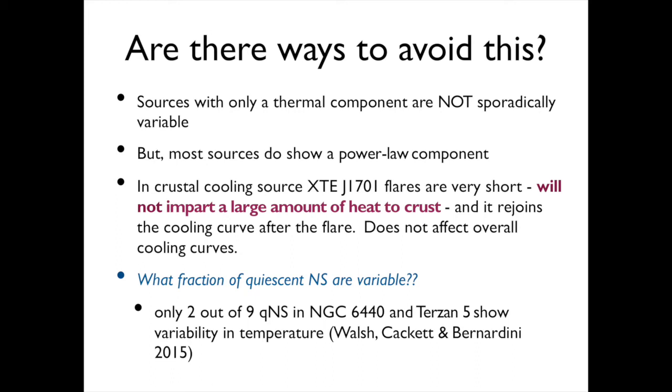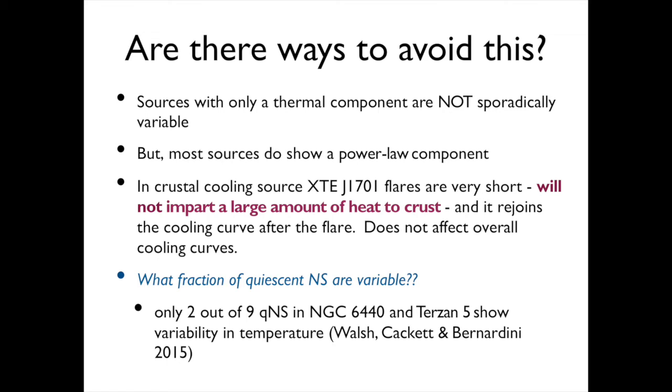And we found that only 2 out of the 9 quiescent neutron stars in those globular clusters showed variability in the thermal component. Again, making us believe that while accretion can happen in quiescence, it doesn't necessarily always happen, and it doesn't necessarily make a huge effect on the thermal component, though it clearly can do.